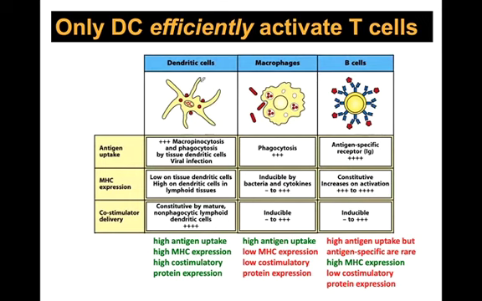So really, when you're talking about the types of antigen presenting cells that can start a response, it's dendritic cells. Once the response starts kicking in, you have T cell proliferation and production of cytokines, macrophages can do this, or as the B cell response kicks in and you start getting lots of antigen specific B cells, they can kick in. It's really dendritic cells that are the ones that start the response.